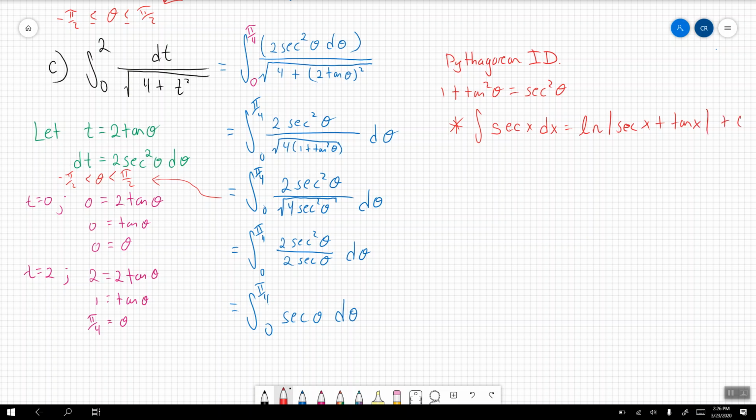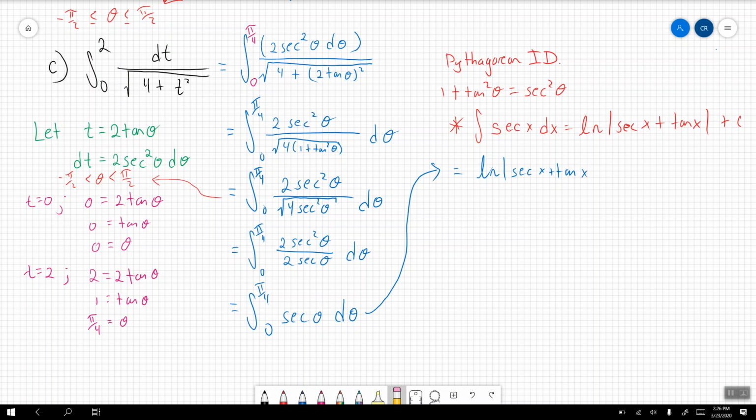I went through in class and derived that, showing you that there was one specific trick we had to do to get that evaluation. So using that, we know that to be true, therefore this is going to be just the evaluation of natural log of secant of x plus tangent of x.